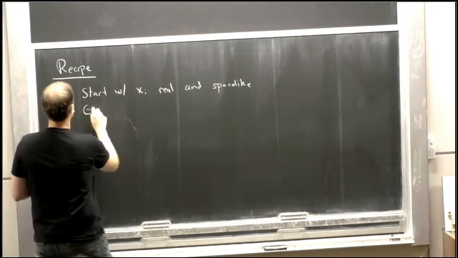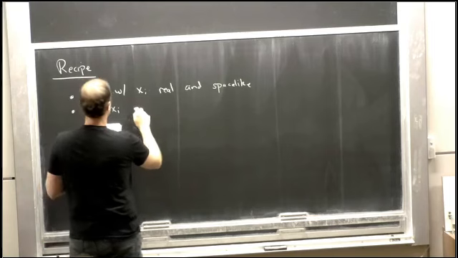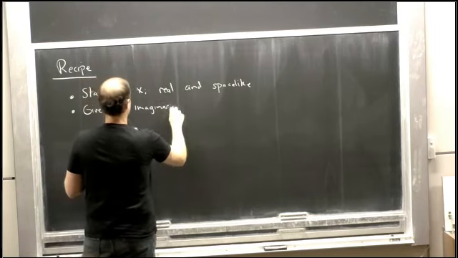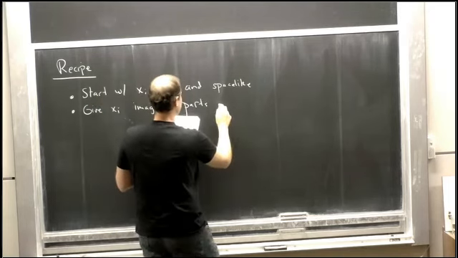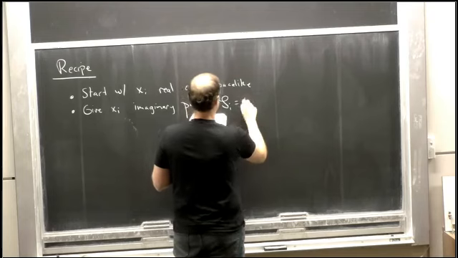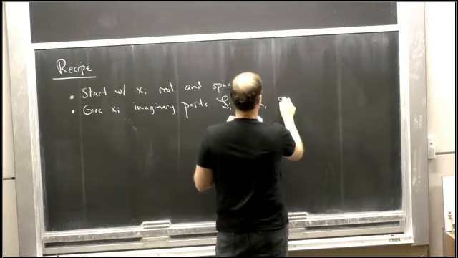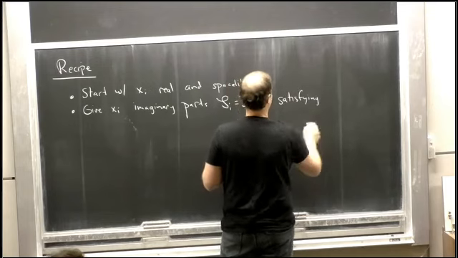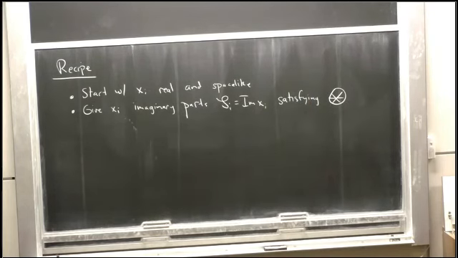So we give the x sub i imaginary parts zeta i, which is the imaginary part of x sub i, satisfying this condition for holomorphicity over here.